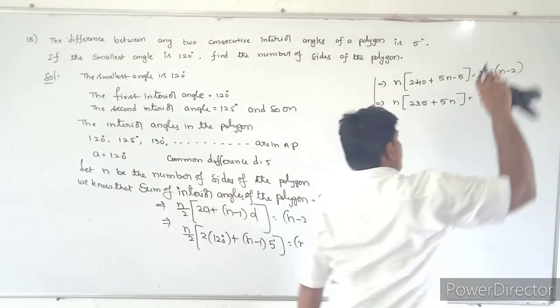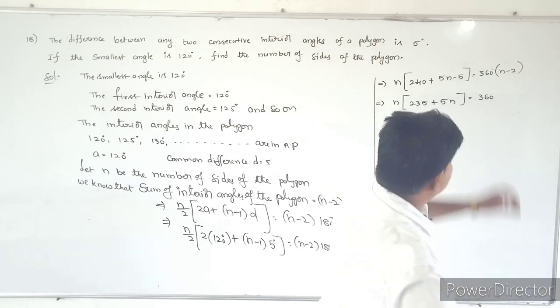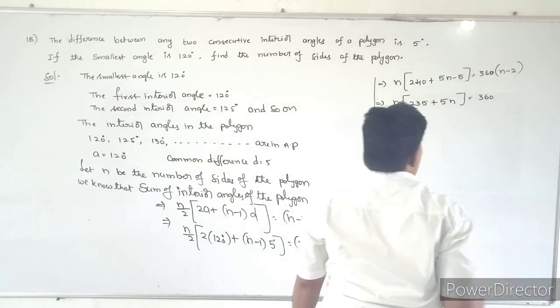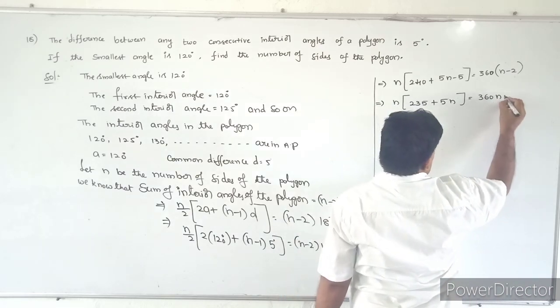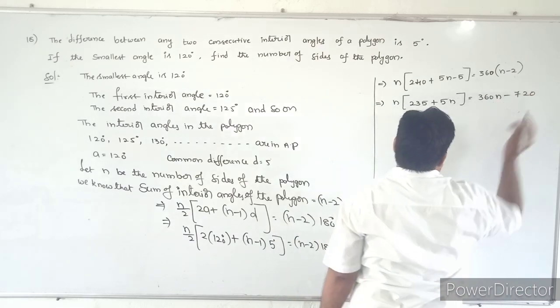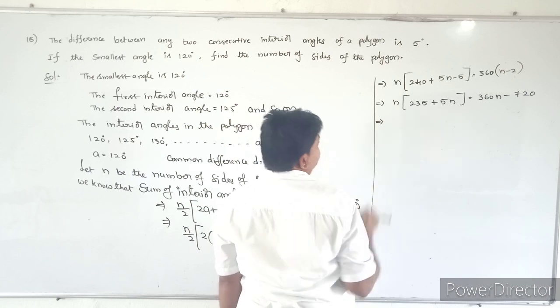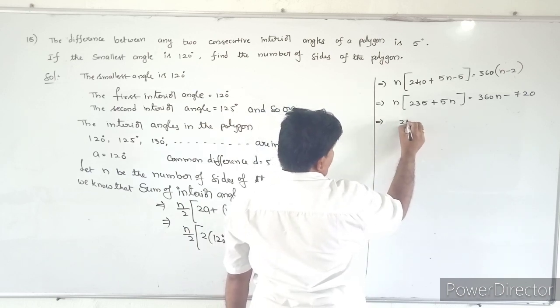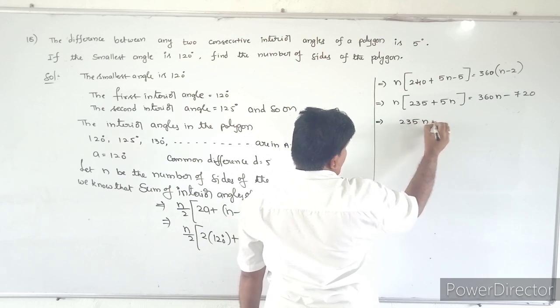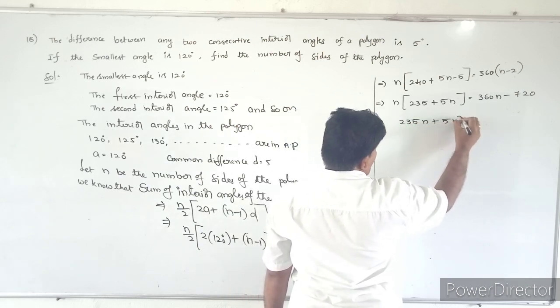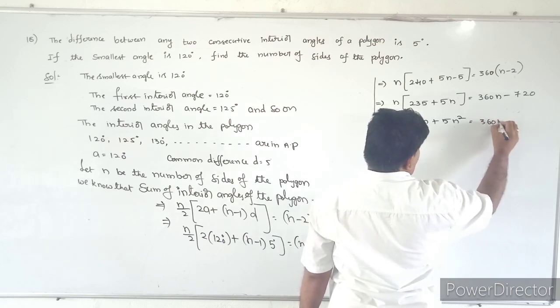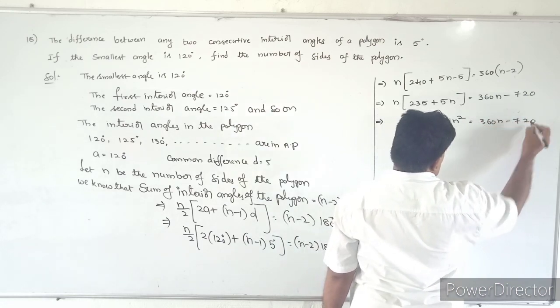Why? Because they are asking the number of sides. So 360 into n minus 720. So that implies take the n inside. So it will become 235n plus 5n square, that is equal to 360n minus 720.